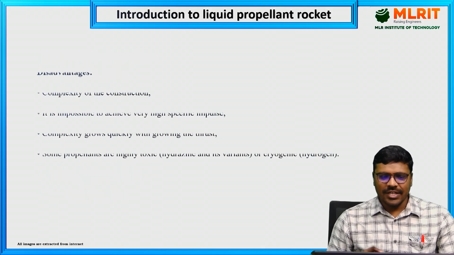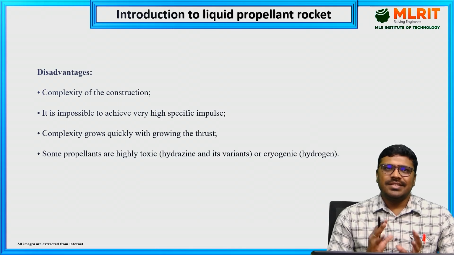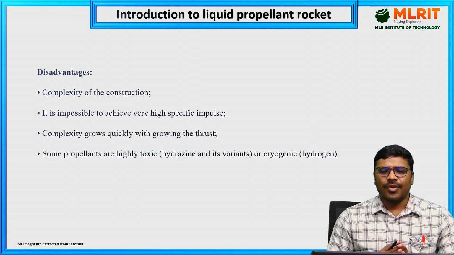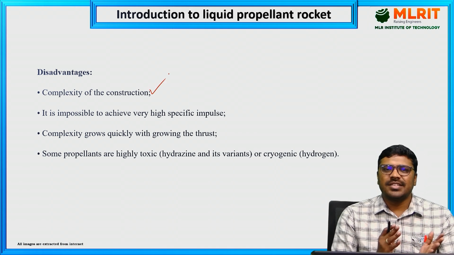Next, disadvantages. There are some disadvantages. The design is complex. We have to consider many parameters while designing a liquid propellant rocket, including the thrust chamber. The main complexity is that we have to store the propellant in separate tanks.